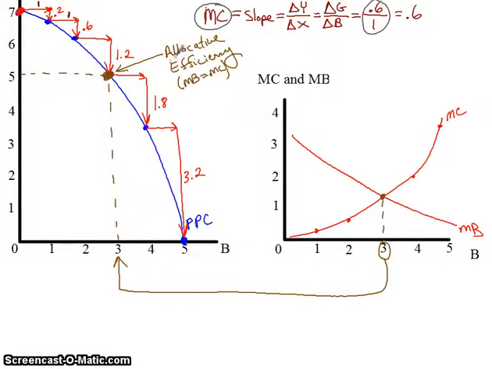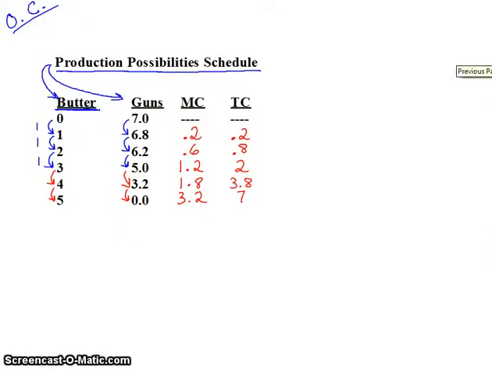That's how I got the point of allocative efficiency. That's the point, 5 guns and 3 butter, that will maximize Robinson Crusoe's utility. So the answer is, what point is utility maximizing? What coordinate pair? It would be this: 3 butter and 5 guns is the point of utility maximization.